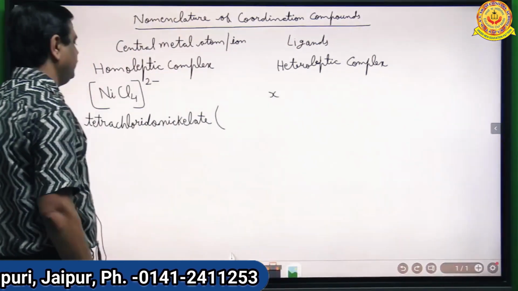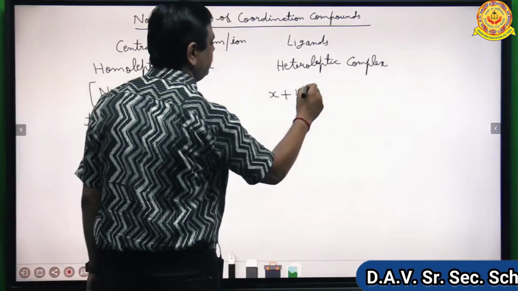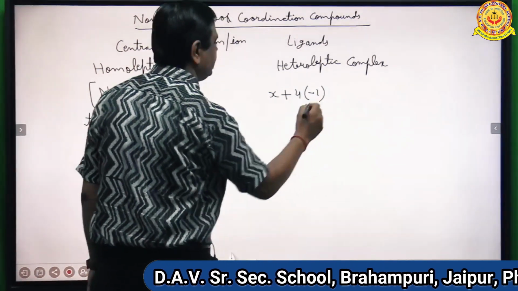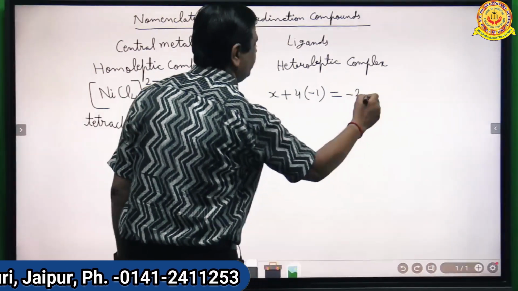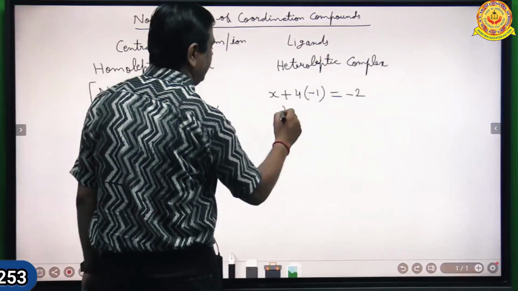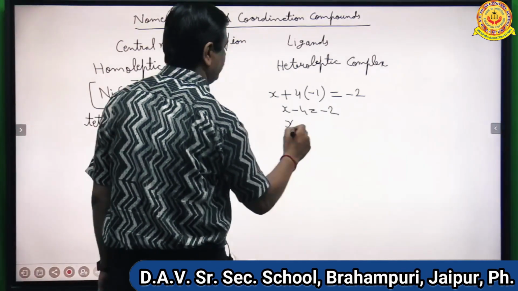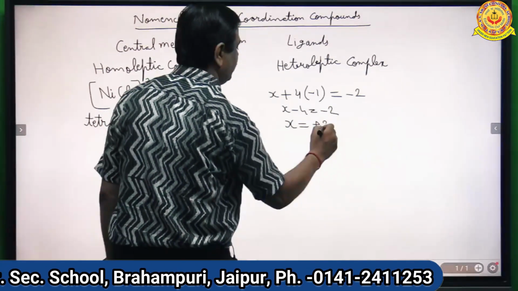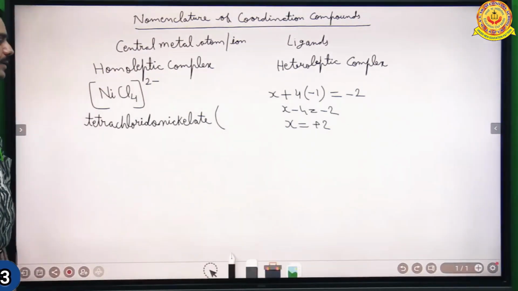Then the oxidation number of nickel, let it be X. In the same manner, 4 ions of chloride, and the charge of each is -1, and that is equal to the overall charge of the complex. X minus 4 is equal to -2, or X is equal to +2. So what is the oxidation number of nickel here? It is +2.